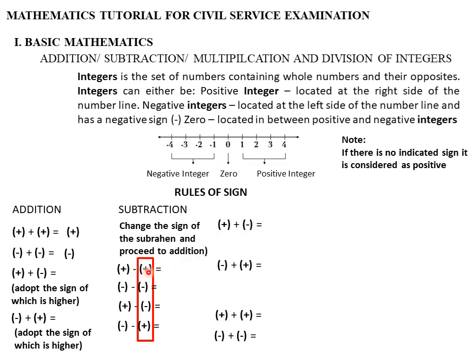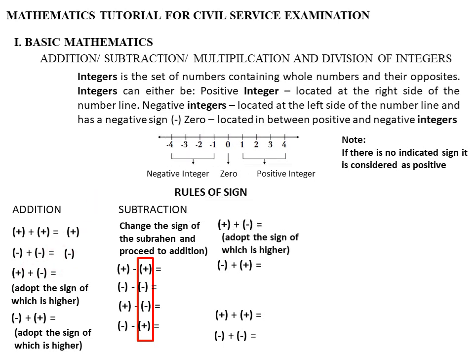Okay, if this is positive, let's convert it to negative. If this is negative, let's change it to positive, and this is negative, change to positive, and positive, change to negative, and all proceed to addition. Same as the addition rules of sign.